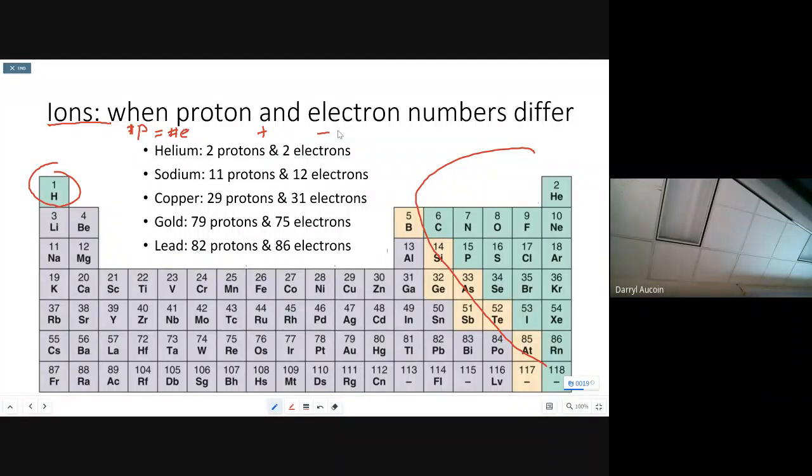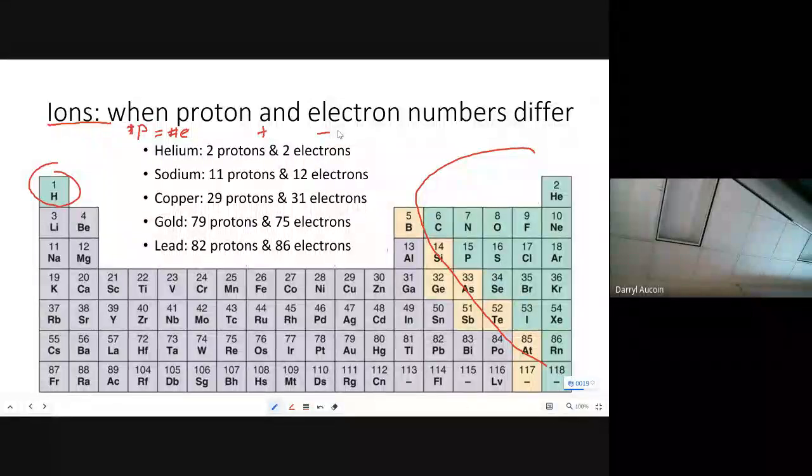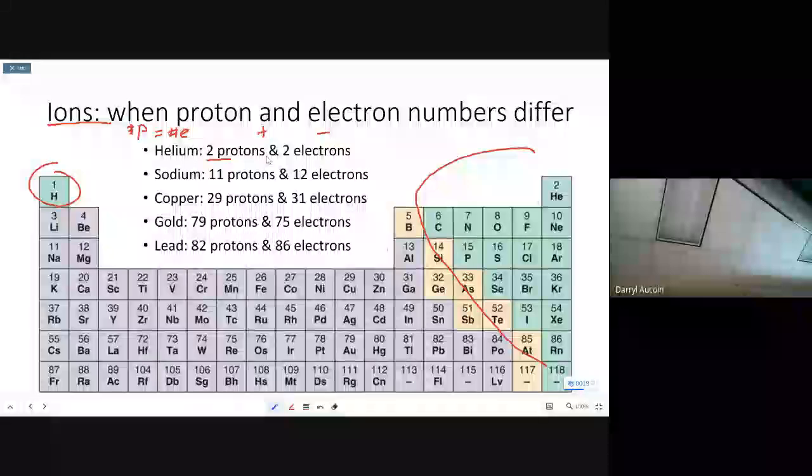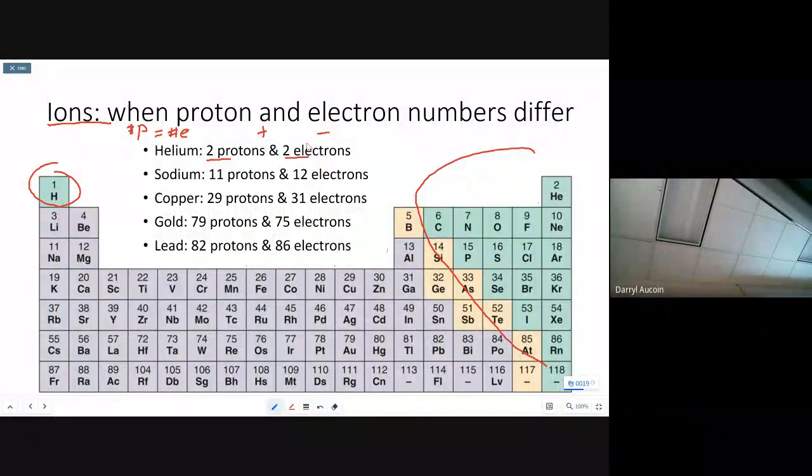So as long as you have the same number of protons and electrons, you overall have the same charge. Like this atom here: 2 protons that are both positive, 2 electrons that are both negative. We have a +2 and a -2. Those are going to cancel out each other. +2, -2 goes to 0. So 0 charge overall.